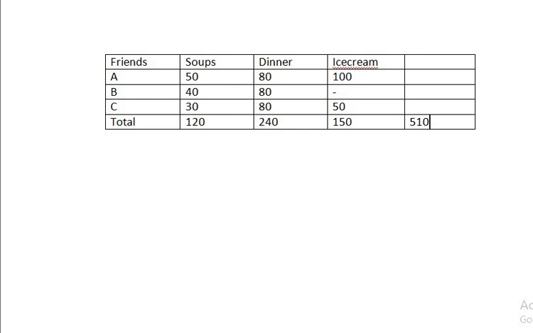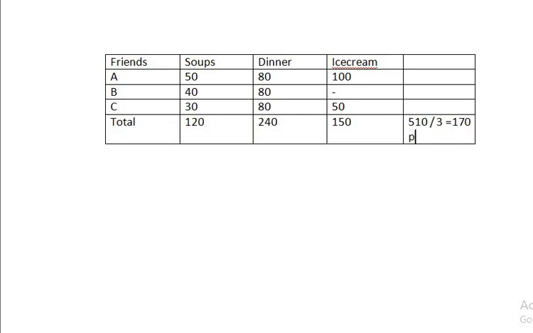The total bill is ₹510, divided by 3, because A, B and C. So 510 divided by 3 will be ₹170 per head.